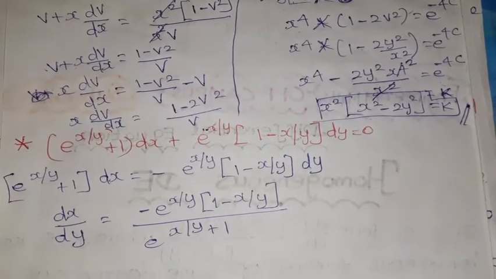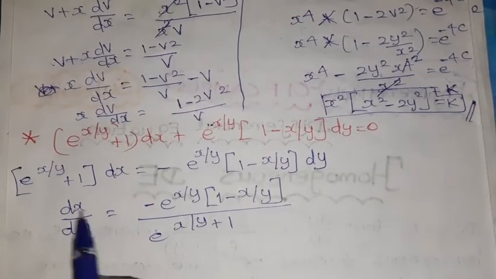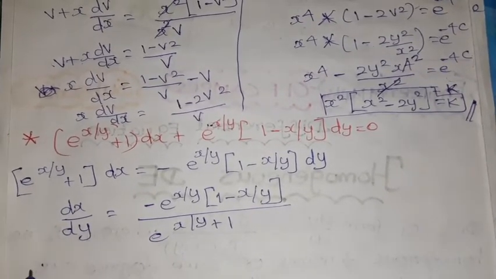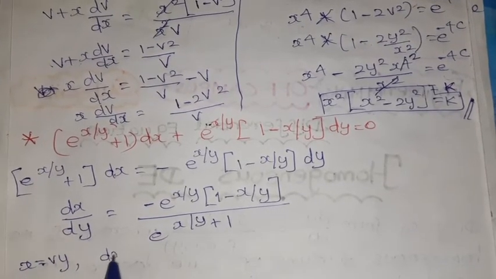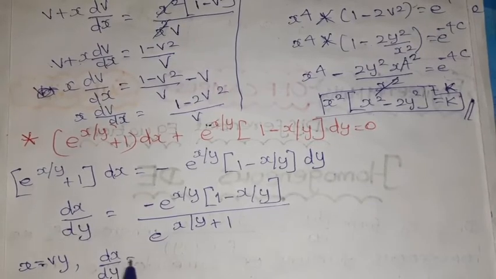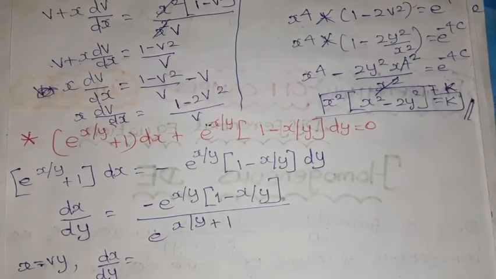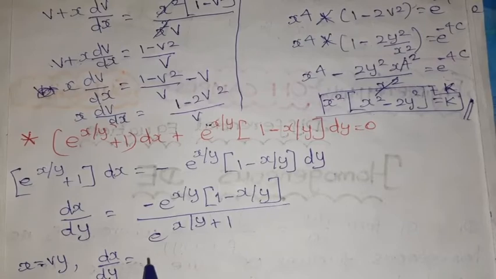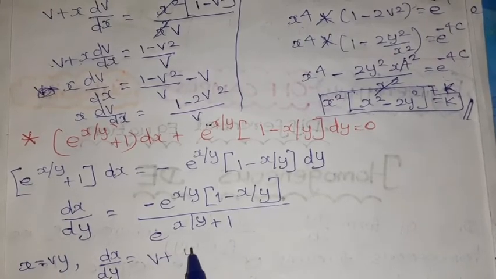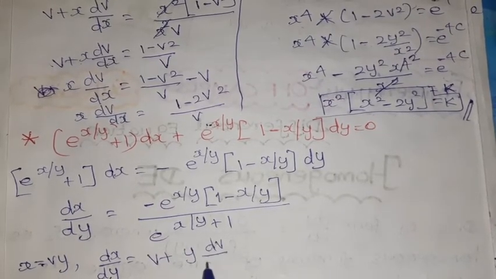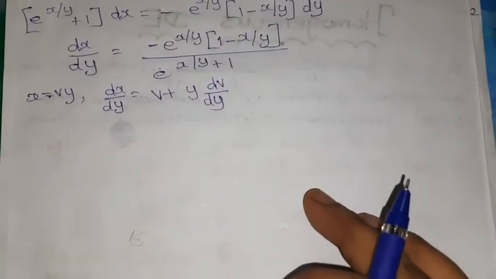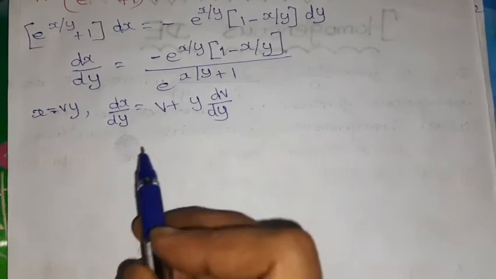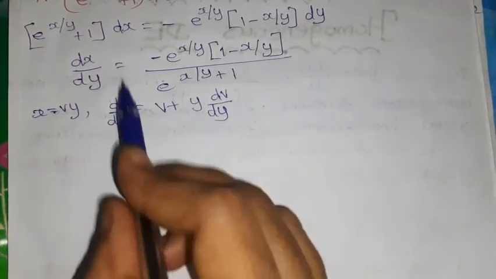This is a homogeneous equation. In the case of dx by dy, we need to put x equal to vy. Then what is dx by dy by differentiating with respect to y? We will get v plus y dv by dy, right? Again, this is substituted in this equation.